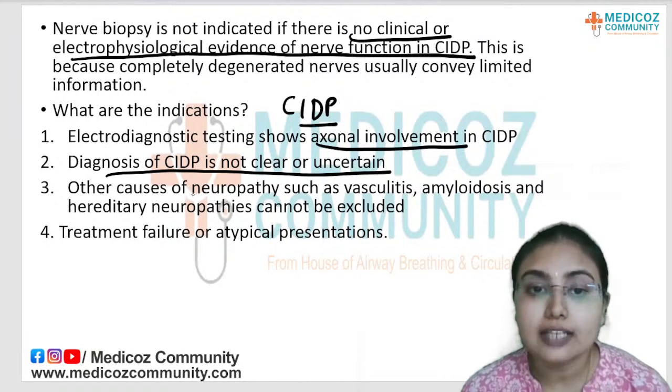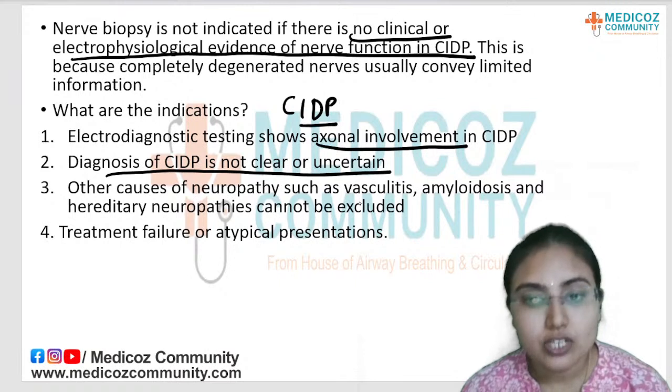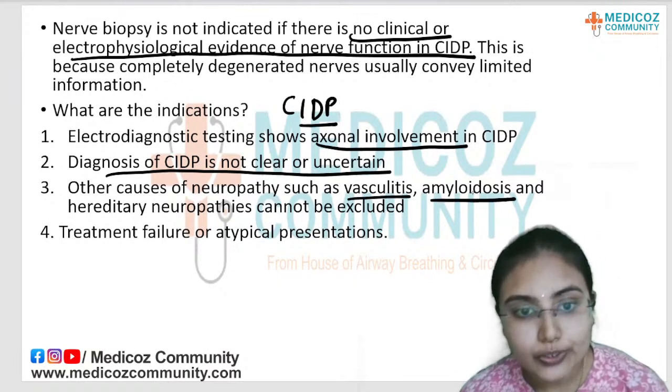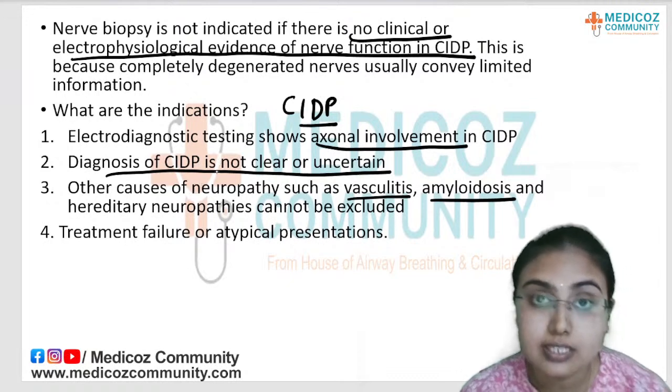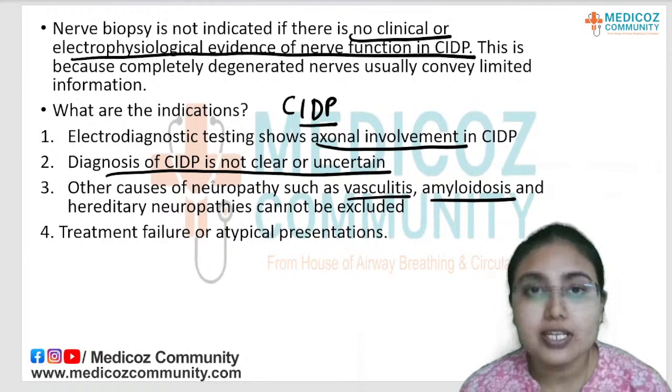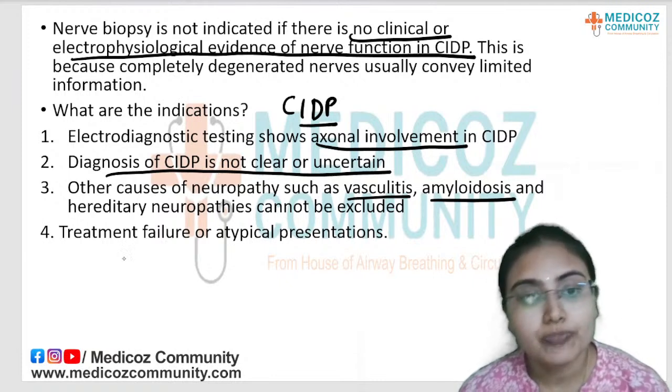Third indication is other causes of neuropathy such as vasculitis, amyloidosis, hereditary neuropathy called Charcot-Marie-Tooth disease. All these you cannot exclude, so you want to do a nerve biopsy and exclude these other causes.